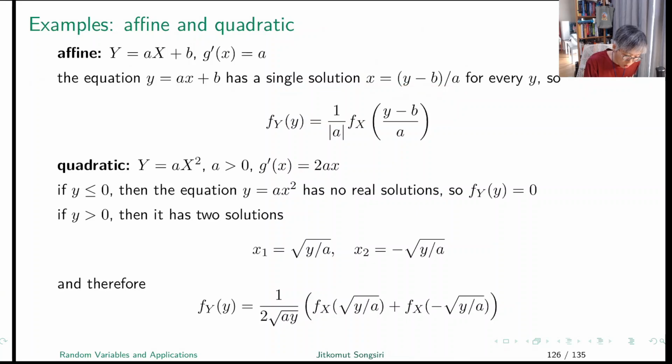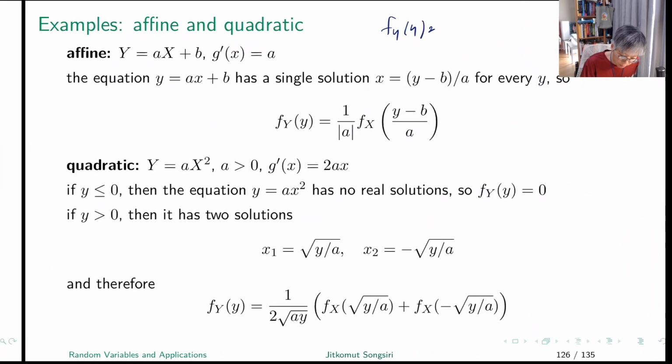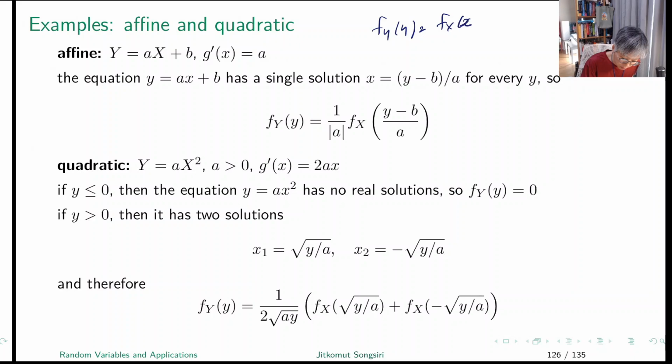Okay, and you just plug it in because it has only one root, right? According to this formula, you just plug it in. It's going to be fX((y minus b) over a). And because of this, this is going to be the magnitude, the absolute value of the Jacobian. So when the Jacobian is a, you get the magnitude, the absolute value of a.